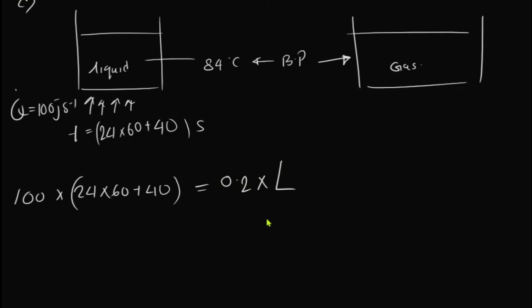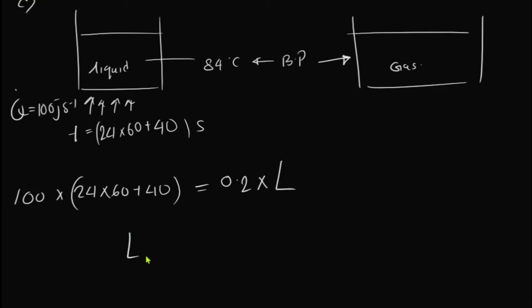The heat that is supplied is completely going to be absorbed by the liquid to convert itself to its gaseous state. So that is the latent heat. Since there's no temperature change, the calorimeter will not absorb any heat, so the complete heat supplied is absorbed only by the liquid.